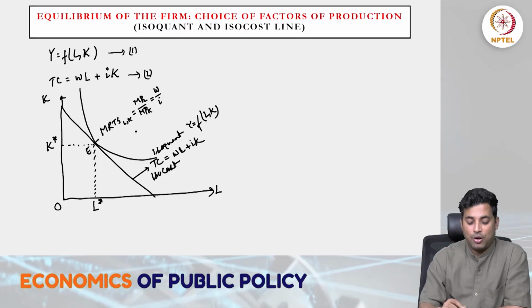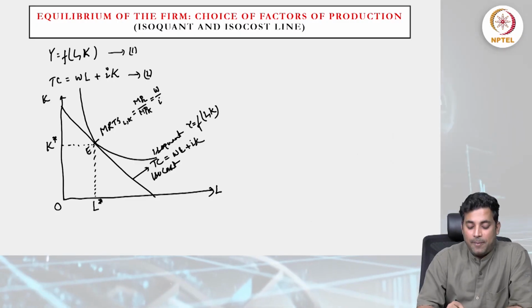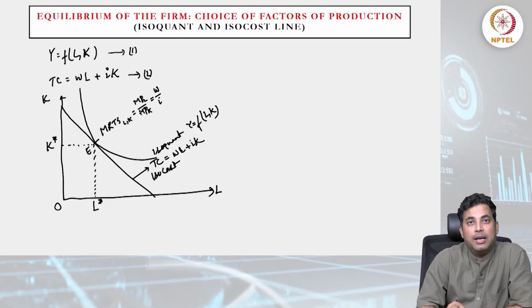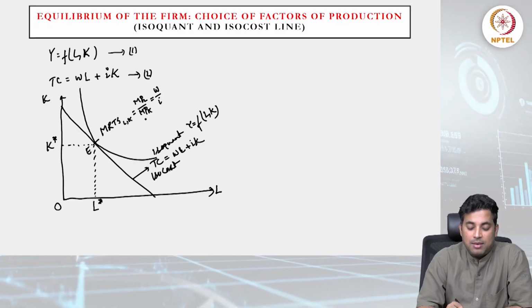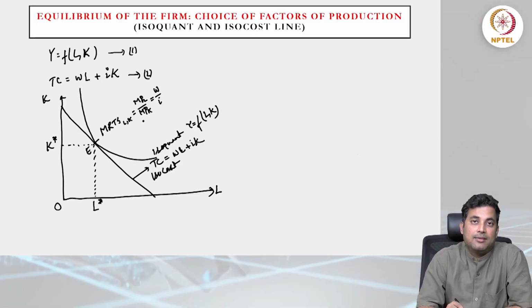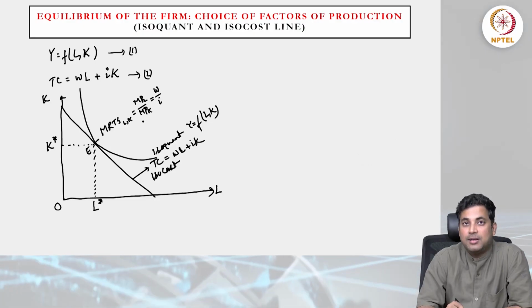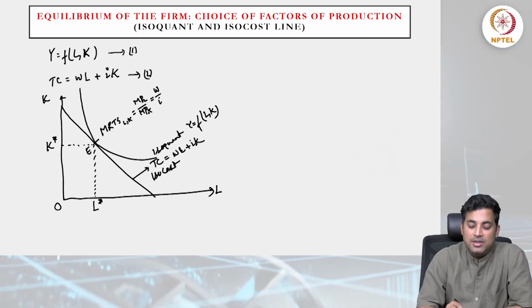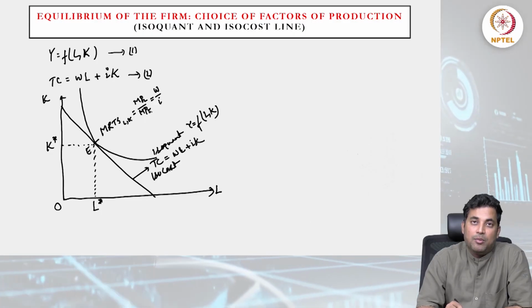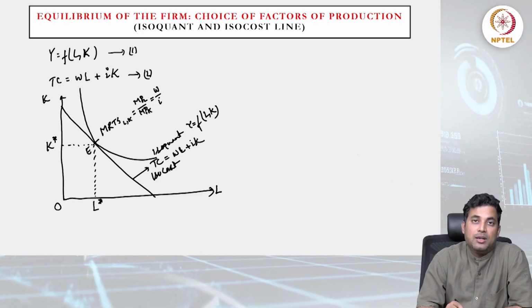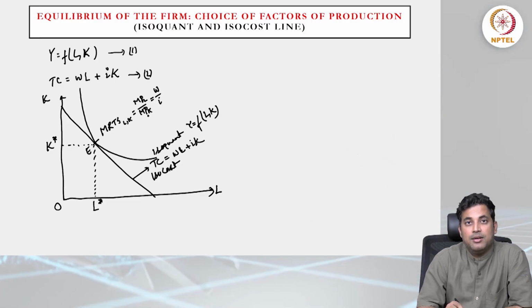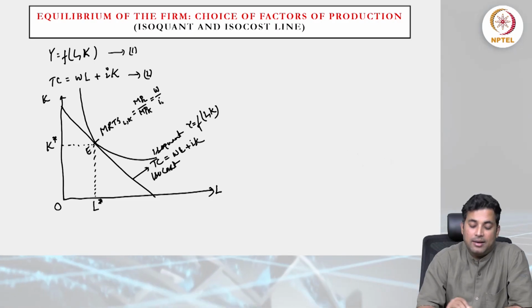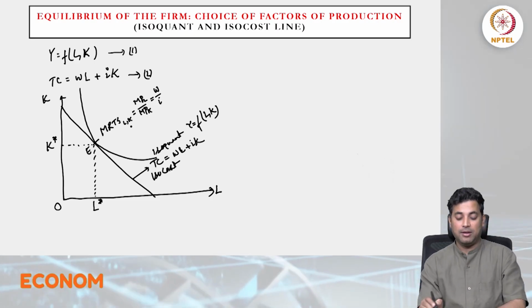Here, with the same logic, the marginal productivity of labor by the marginal productivity of capital equals the marginal rate of technical substitution between L and K, which equals the ratio between W and i. W is the price of labor and i is the price of capital.